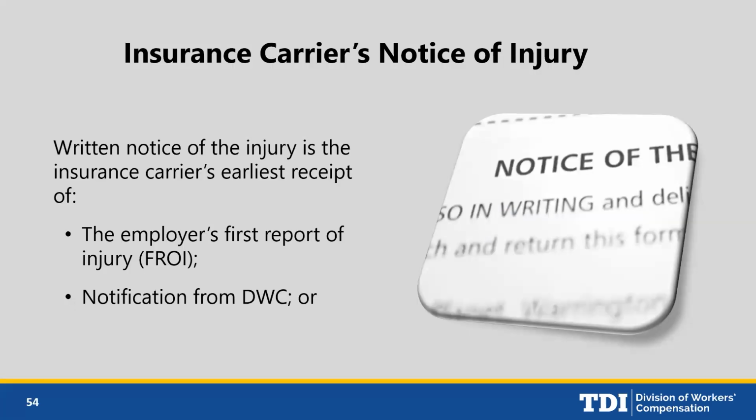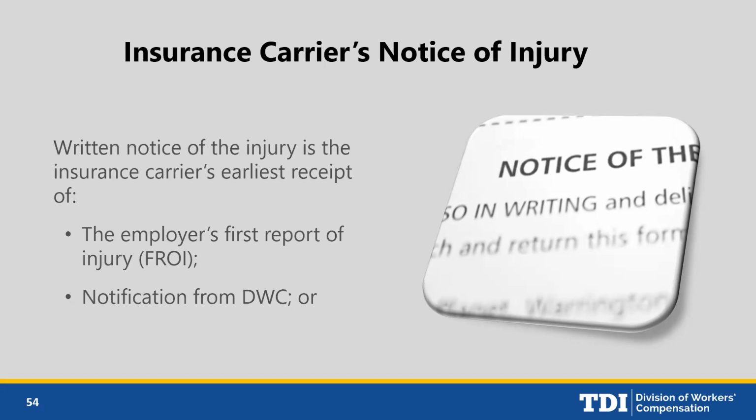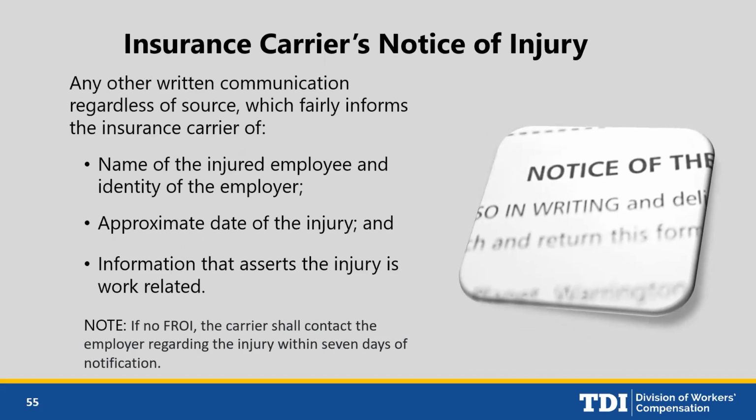So the insurance carrier's notice of injury should be the earliest receipt of the employer's FROI, which is the first report of injury, or they can receive notification from the Division of Workers' Compensation, or any other written communication, which could include your medical bill, regardless of source, that fairly informs the insurance carrier that they have a name of an injured employee, the name of the employer, the approximate date of injury, and information that asserts that it was a work-related injury.